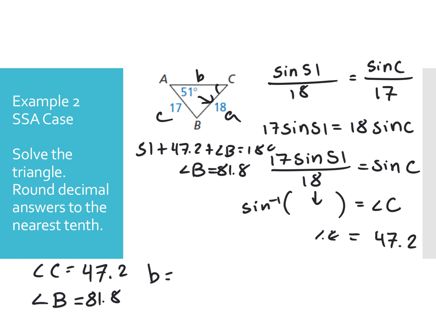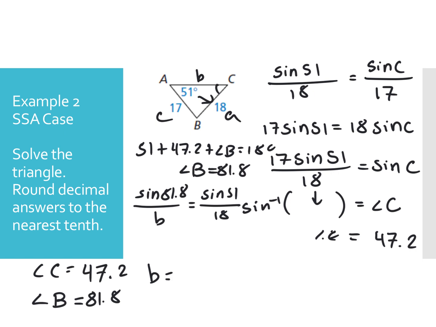So I'm going to go ahead and use the law of sines again. So let's say sine of B over B, but we already found the angle. So I'm going to change that angle to 81.8 equals, I'm going to actually use sine 51 again because that's what's given, over 18.